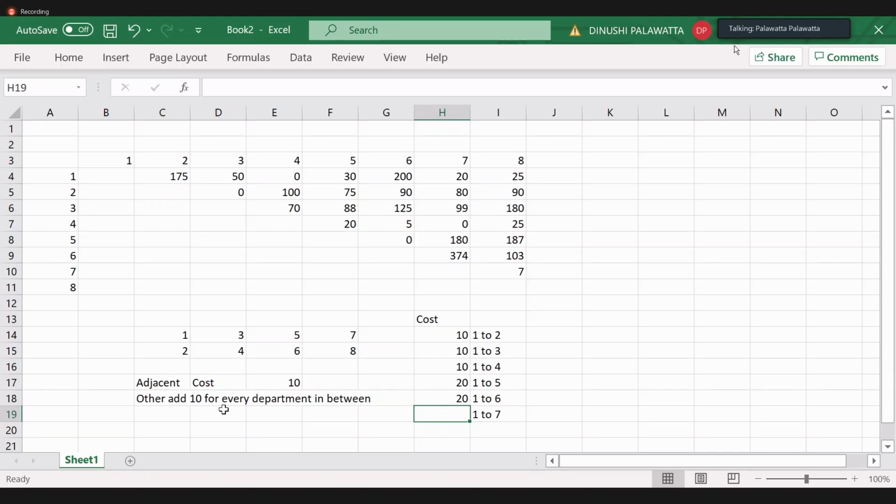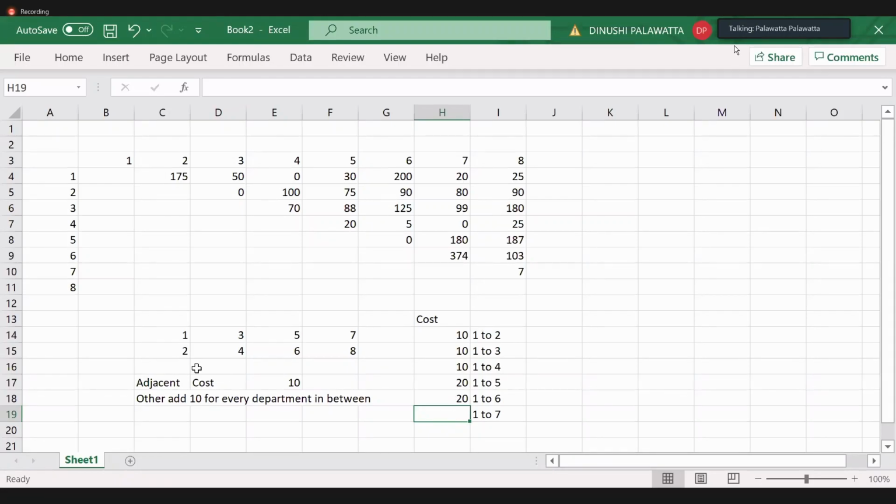And for other, non-adjacent departments, you have to add 10 more for each department that you have to pass in between. So when you go from 1 to 5, you have to pass 3 or 4, so you pass one department. That's why 10 is added. So 1 to 5 cost is 20.